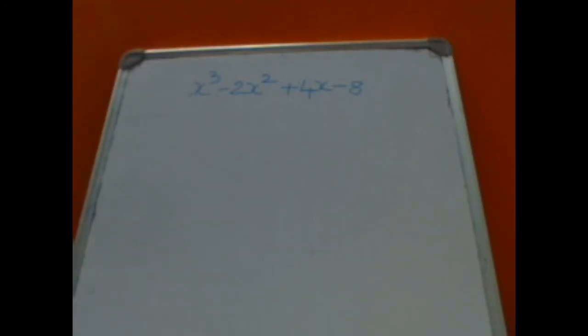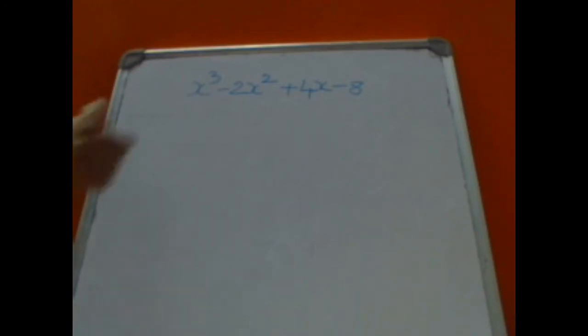So when it is not possible to take the common factor, we have to figure out another method of factorizing this. What we do is group the terms in such a way that we can take the common factor in the second step.